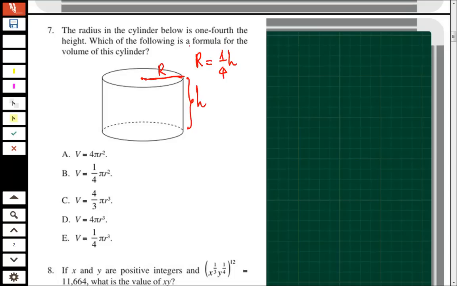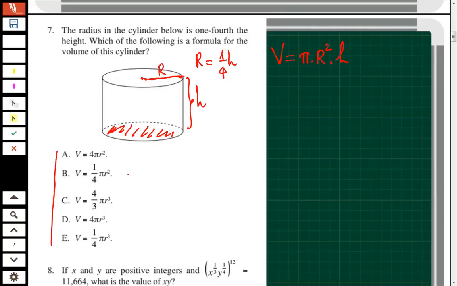Which of the following is a formula for the volume of the cylinder? We know that the volume of a cylinder V equals the area of the base, pi times R squared, times H. Look at the results.